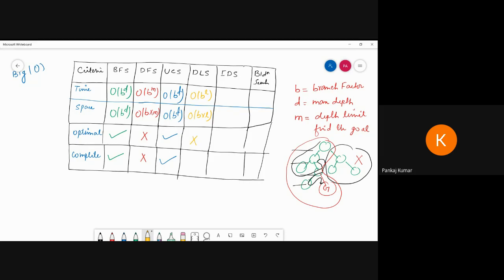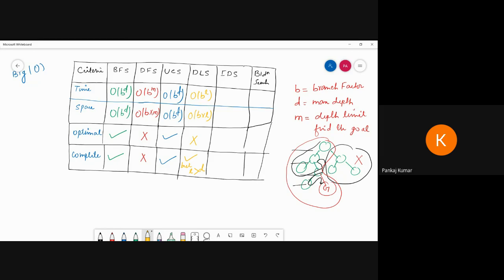You cannot get a solution if you limit the depth. Is it complete? Yes, but with one condition: if the limit is greater than d. If the depth limit l is always greater than d, then this will be complete, because we have fixed the limit.